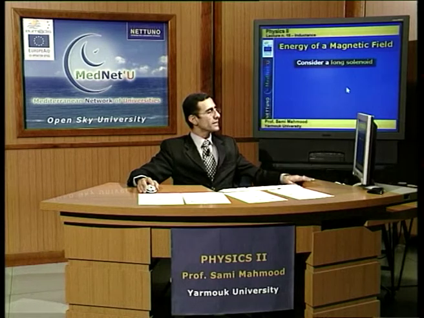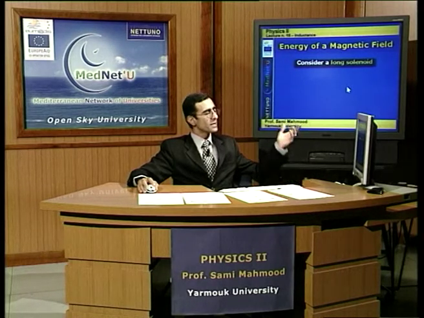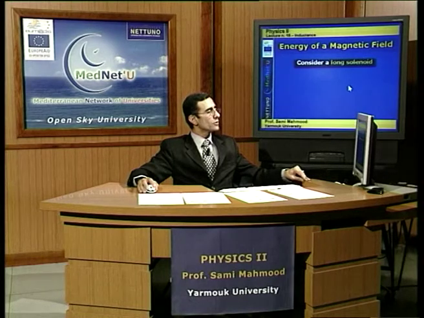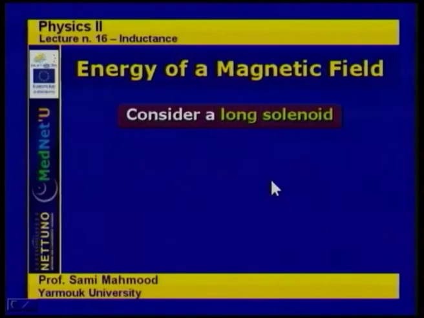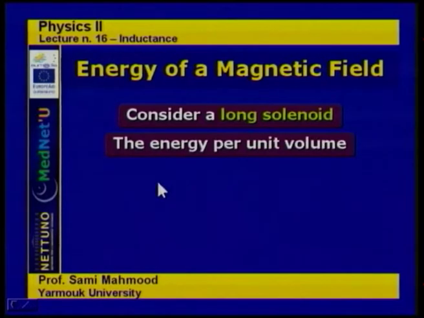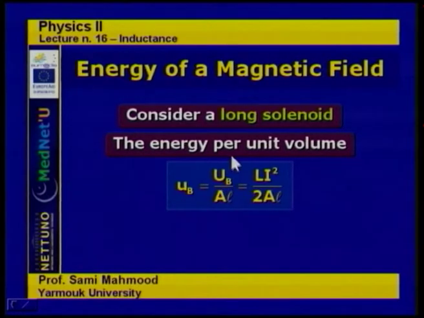If we would like to see how it looks in terms of the magnetic induction, just like the way we did in electrostatics, we consider a long solenoid, and the energy per unit volume in the long solenoid is U_B divided by the area of the solenoid times the length of the solenoid, which is the self-inductance times I squared divided by 2 times the volume of the solenoid. That is the energy density per unit volume.